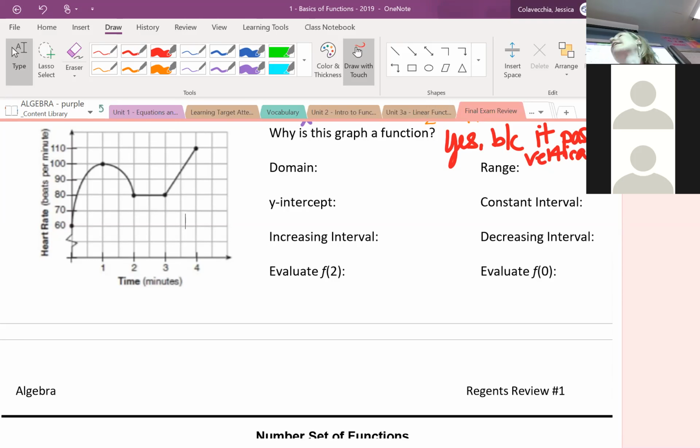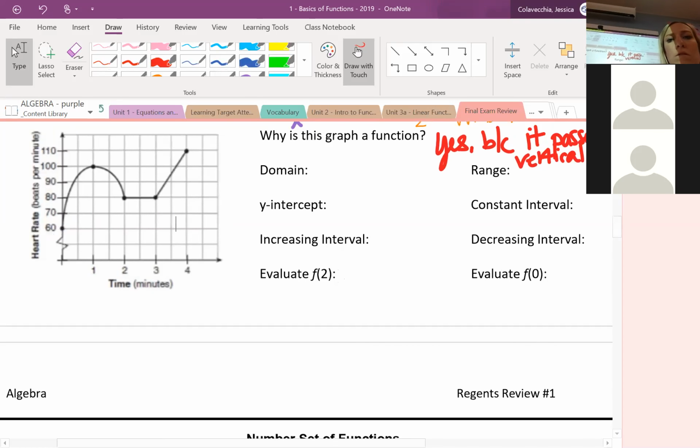I'm looking at the x-axis, domain. 0. Okay, and it ends at what? 4. Don't go until the end of the grid you see. Actually do it. So from 0 to 4.